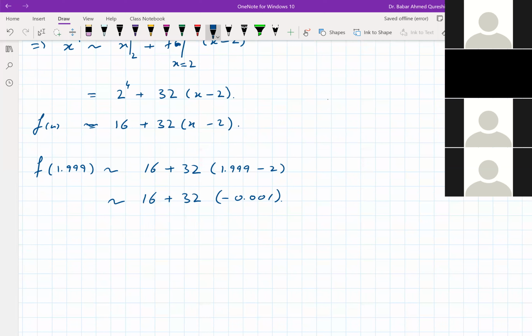So very easy to do. 16 minus 0.032. And you can just do it. It gives you a very good idea. Whatever you get, 15.96, whatever, you can do it.